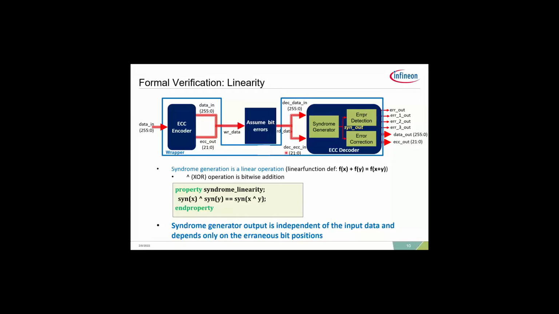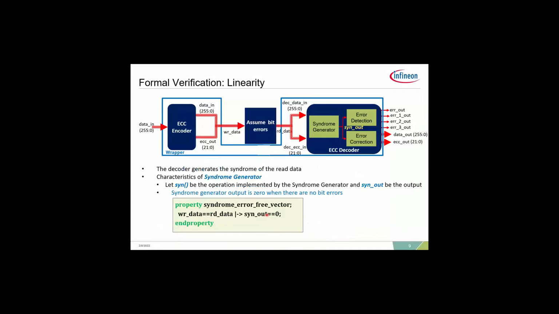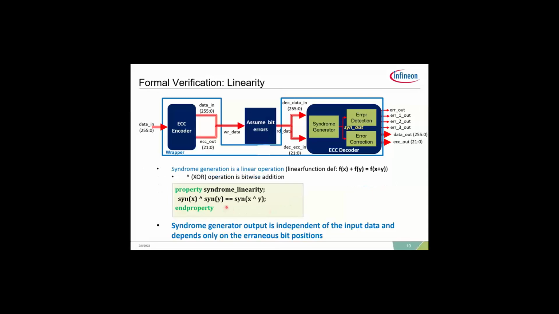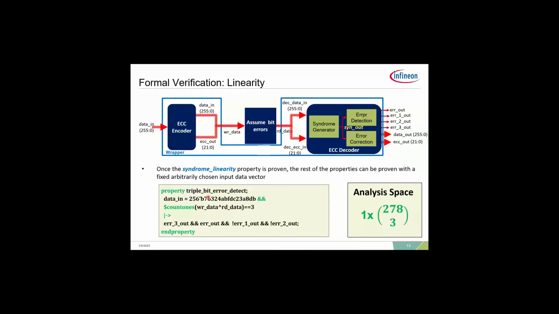Now we still have to prove it. Of course, we first have to prove the syndrome error-free vector property and also the linearity property, and then we have to prove this property. In this property, we need to add an additional assumption. With the passing of the previous two properties, we proved that the syndrome generator is independent of the input data.